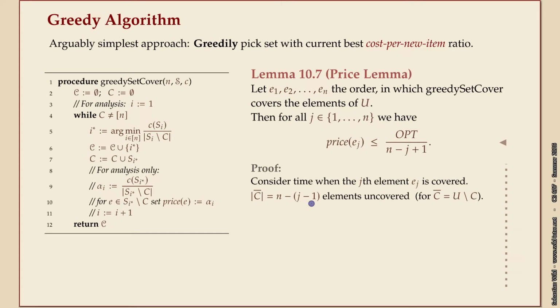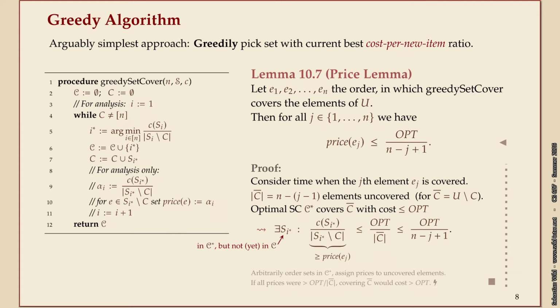So before this element is included, we've had obviously j minus 1 elements covered because that is the jth one. So there were n minus (j minus 1) elements left uncovered. We'll use this complement set going forward.